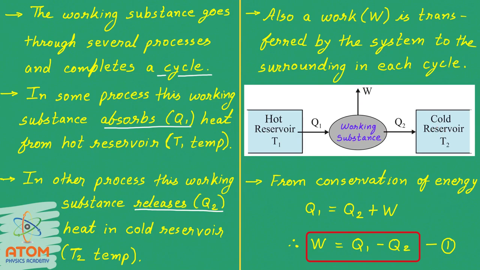Meanwhile, it also gives a work W. So we can say that the working substance absorbs Q1 heat and it is divided into two parts. One part is Q2 heat and another part is W work. So from the conservation of energy we can say that Q1 is equal to Q2 plus W. And so we can also write work W is Q1 minus Q2. Let us call it equation 1.